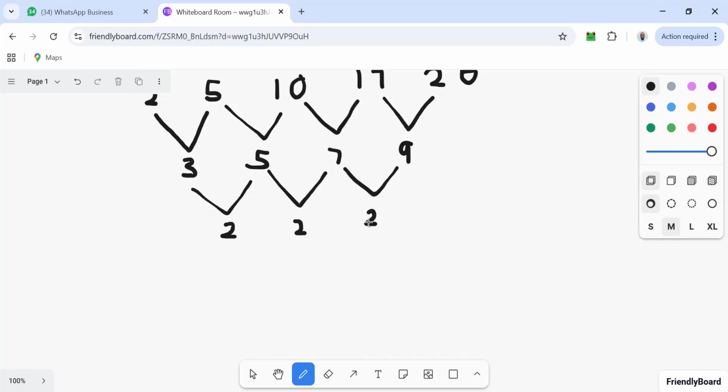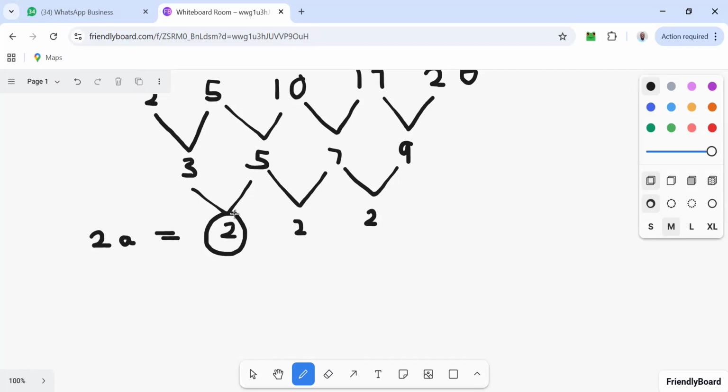I need to find my A. Remember I said 2A is equal to the first term of the second difference row.